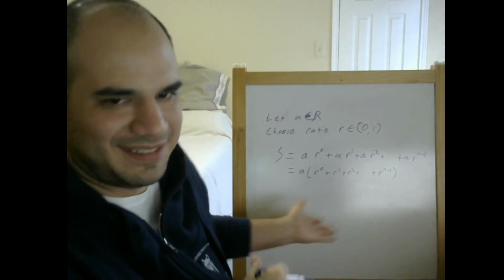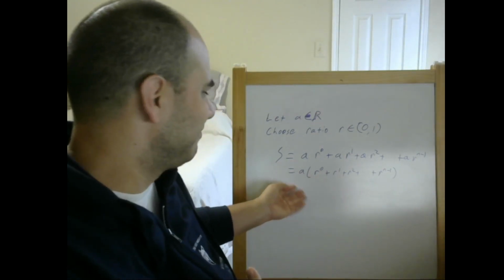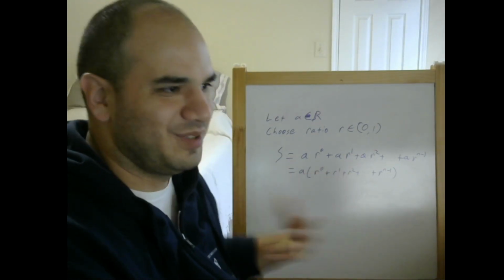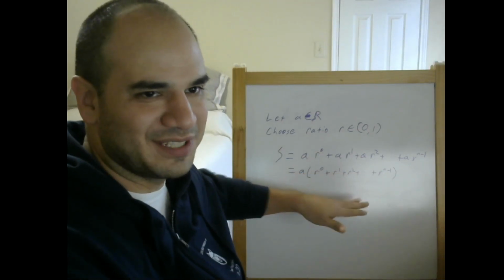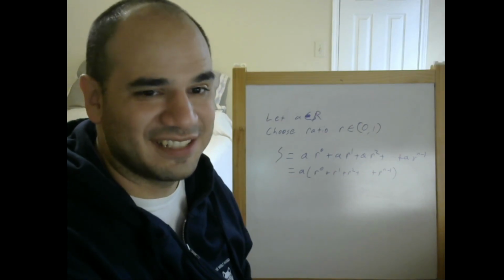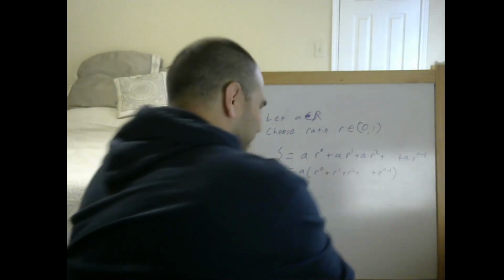It's nice to note that we can think of it in those terms. But let's leave the a in for now because we're going to use it to do our cancellation trick. So we'll put it back in.